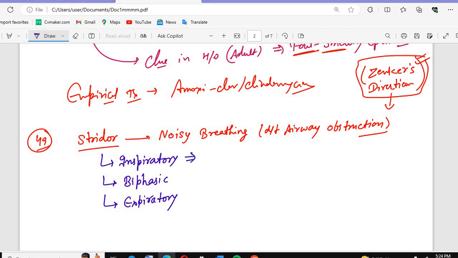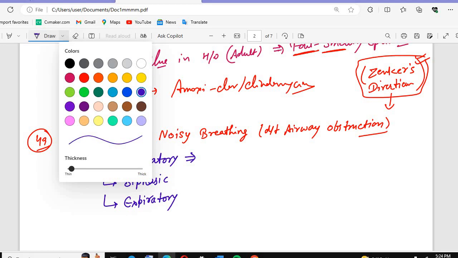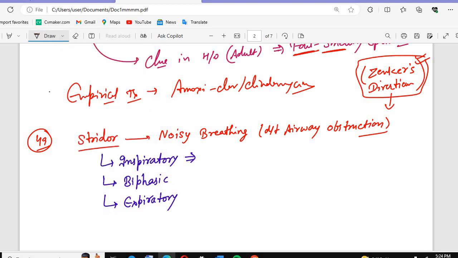If there is inspiratory stridor, you need to think about which problem or obstruction it may be. First you need to understand that this is noisy breathing, and it is due to airway obstruction. If there is any airway obstruction, there is some sound, and you will get this type of sound. That is the noisy breathing or stridor sounds.